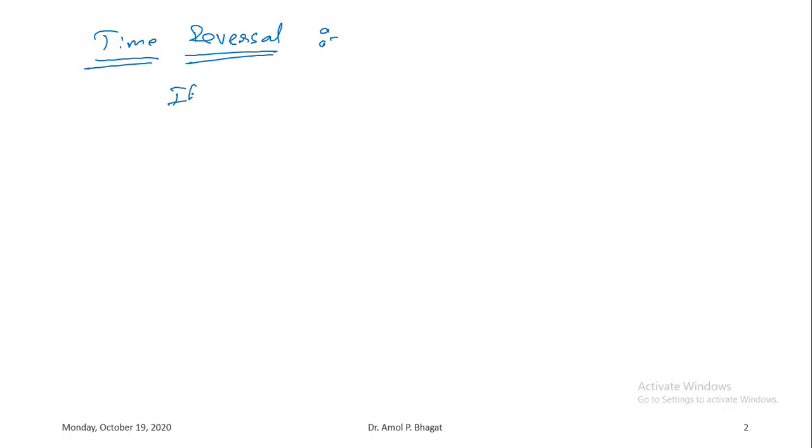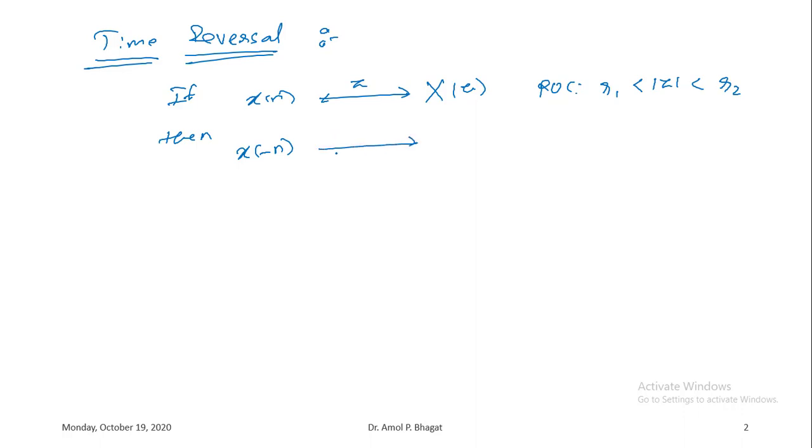So if x of n is a discrete time signal having Z transform capital X of Z, with ROC R1 less than mod Z less than R2, then the time reversed signal, that is x of minus n, has the Z transform capital X of Z inverse.